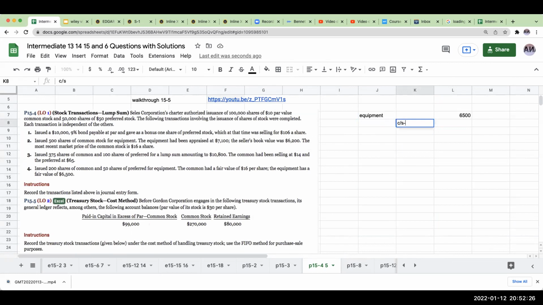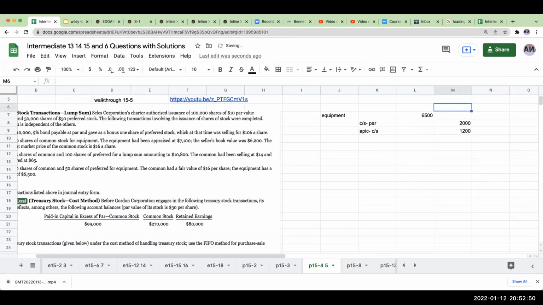So let's say common stock at par, additional paid-in capital, common stock. My par value is going to be 10 times 200. The additional paid-in capital, because it's selling for 16 per share, is going to be 6 times 200.